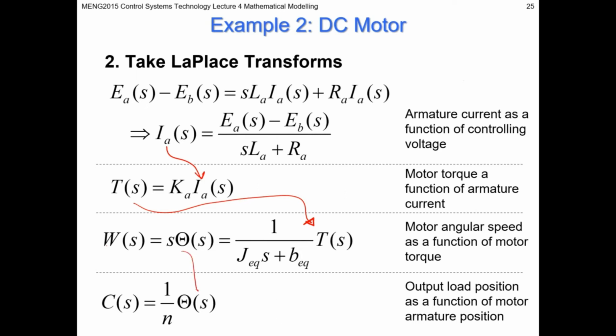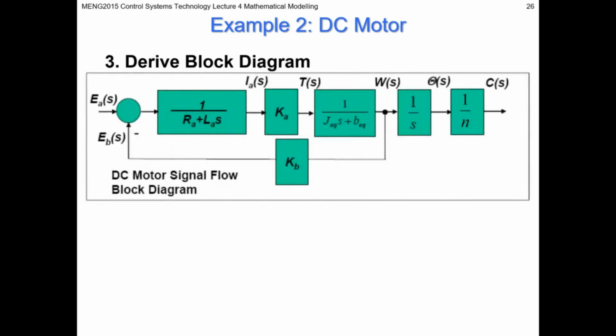And then we've got a theta that goes into here. So that allows us to draw this now as a series of blocks, right? And effectively the output from each of these transfer functions feeds as an input to the next one, right? So remember, anytime you have a transfer function, you can put that into a block with an input and an output kind of thing, right? So that's what we're going to do now to create the block diagram.